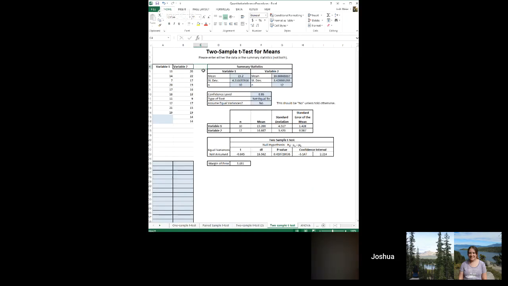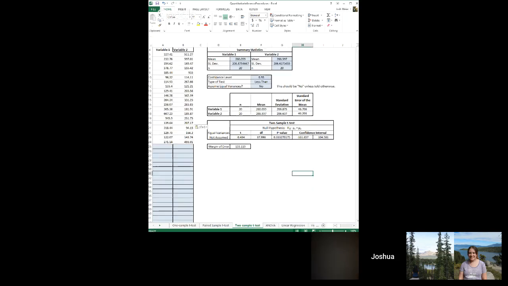Okay. You have to flip variable 1 and variable 2, because variable 2 on the Excel sheet, the one with less students, is the ones from Colorado. And the one with more students is the one from Utah. And the information says to put variable 1 as the students from Colorado.